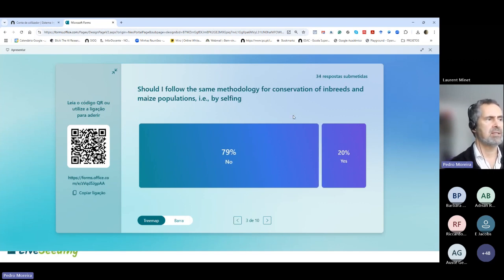But in case you want to breed for populations, you need to maintain all the diversity that the population has. So you need to make crosses between them.